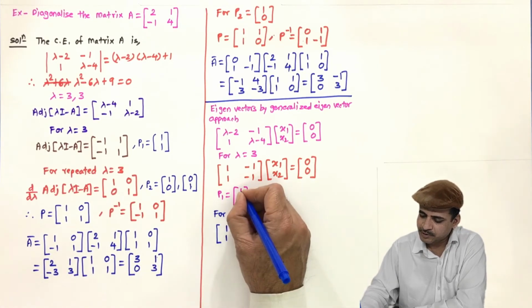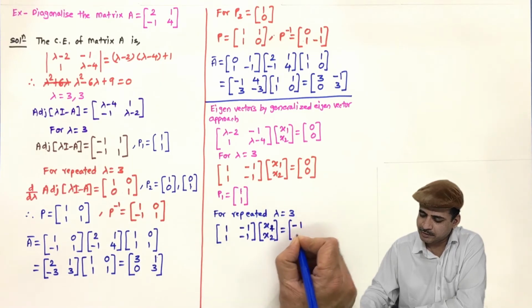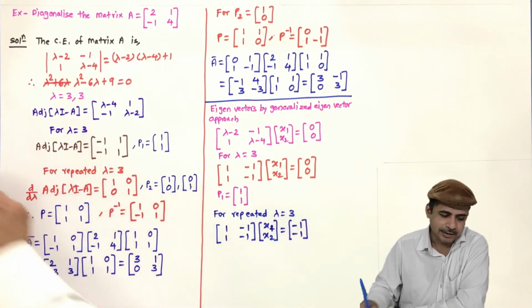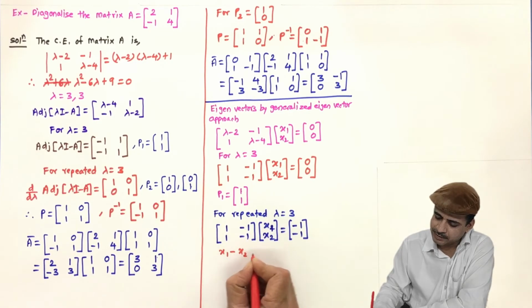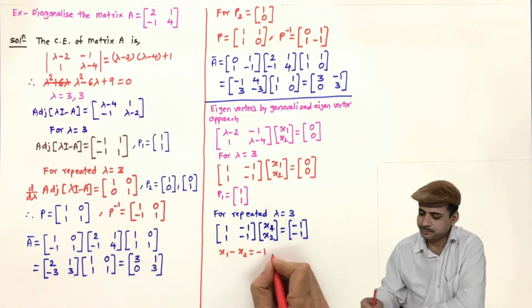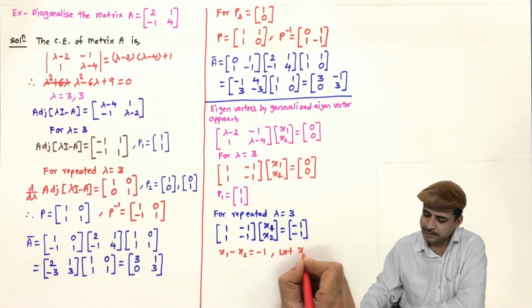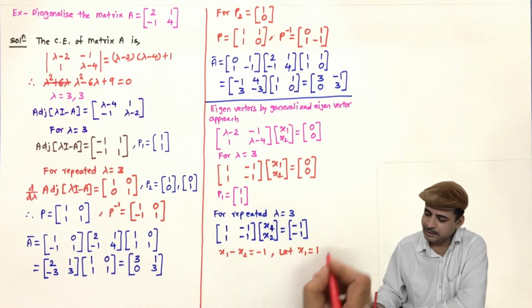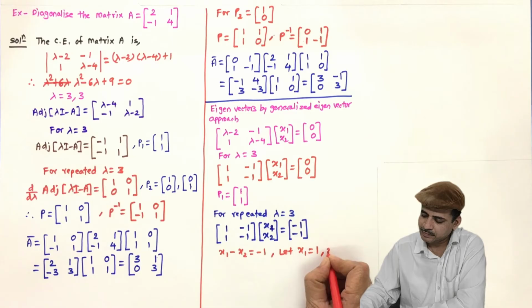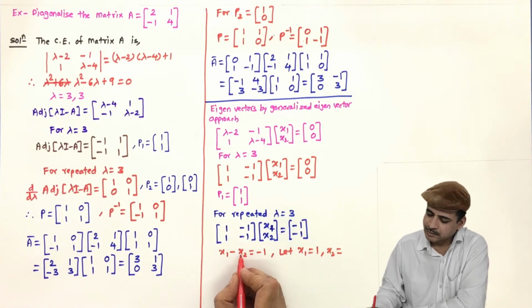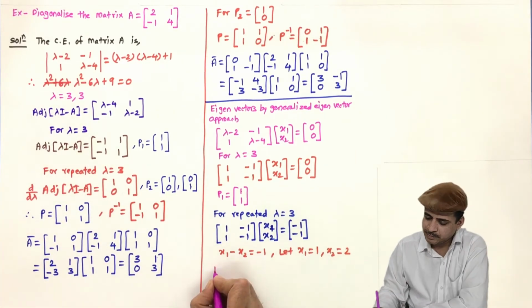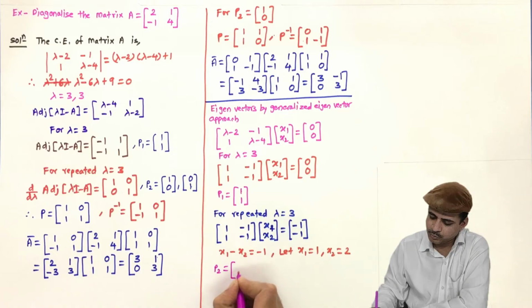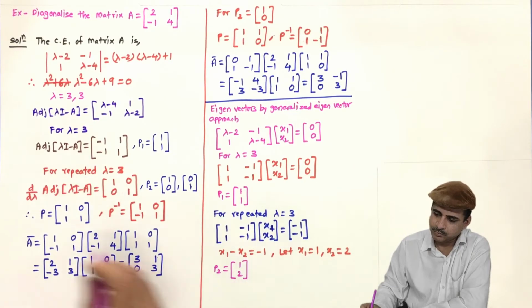So first eigenvector is 1 1, so this will be minus 1 minus 1. And now if I solve this, I get x1 minus x2 is equal to minus 1. So let x1 is equal to 1, and then x2 will be x1 plus 1, so it will be 2. And that gives me P2 is equal to 1 2.